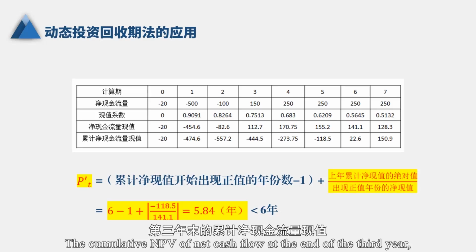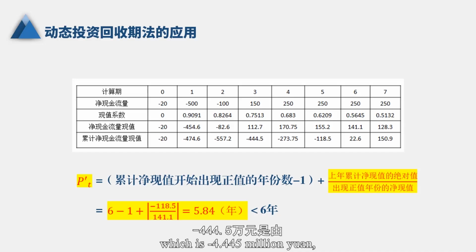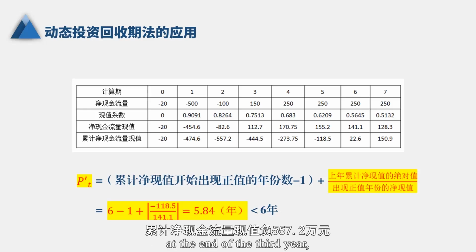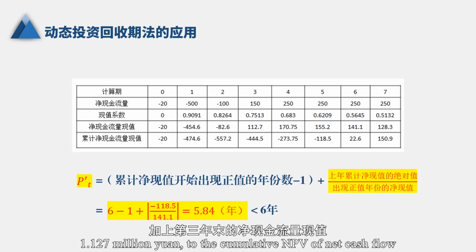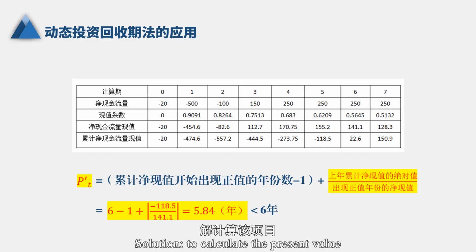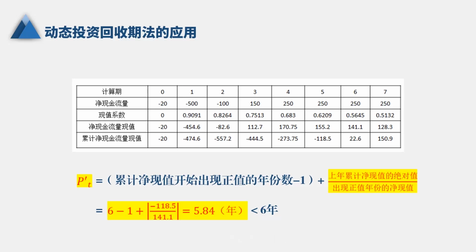The cumulative NPV of net cash flow at the end of the third year, which is 4.445 million yuan, is obtained by adding the present value of the net cash flow at the end of the third year, 1.127 million yuan, to the cumulative NPV of net cash flow at the end of the second year, which is 5.572 million yuan. Solution: to calculate the present value of the project's net cash flow, let's refer to this table.